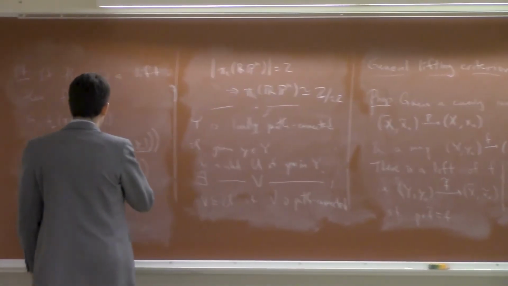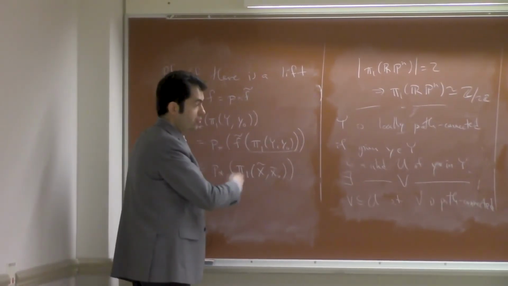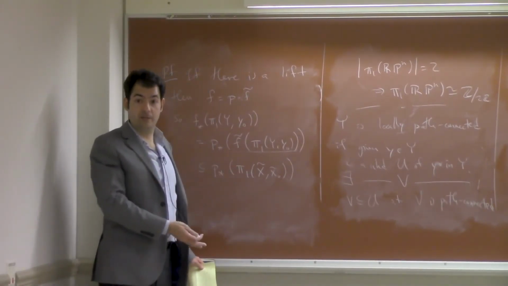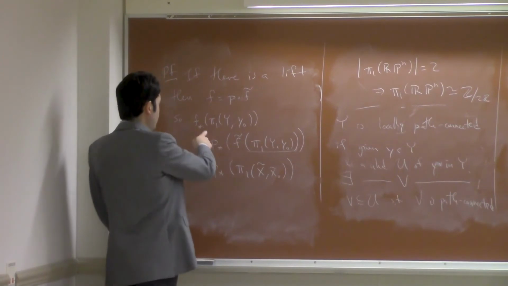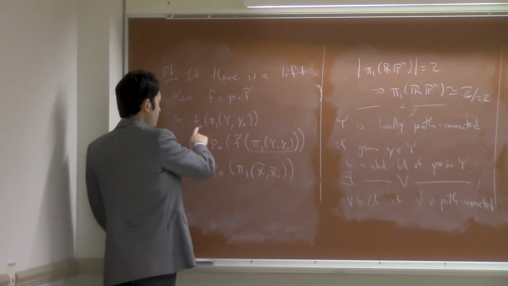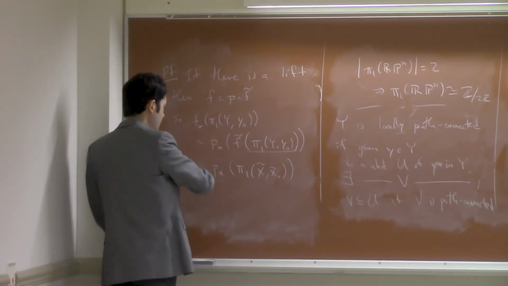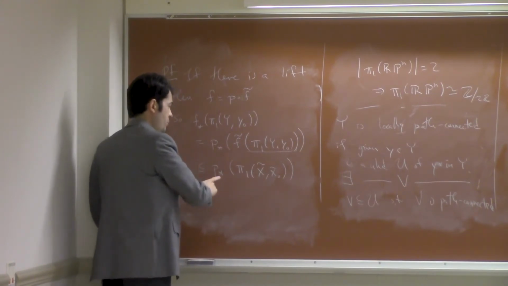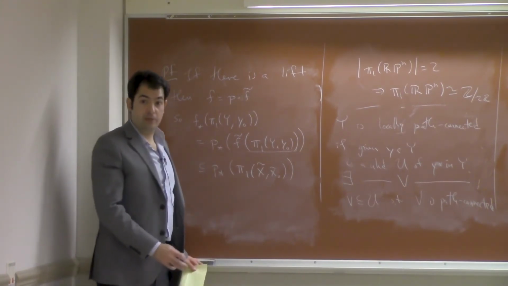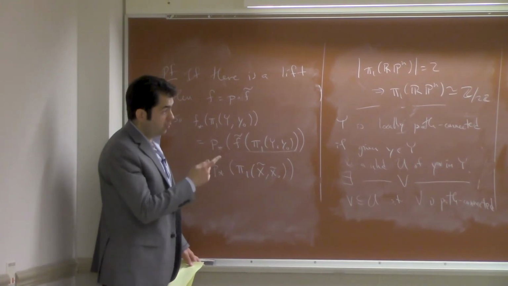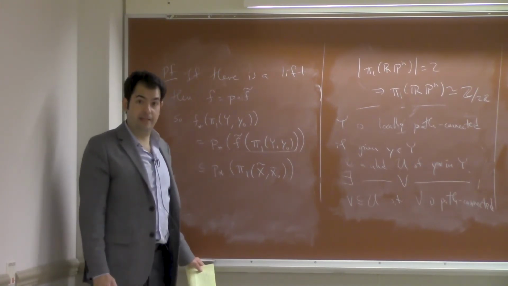So for this direction, of course, you don't need anything on Y. If you have a lift, then the image of the fundamental group with respect to f tilde is inside the image of this fundamental group along p-star. But to actually construct the lift, we want Y to be path connected and locally path connected.